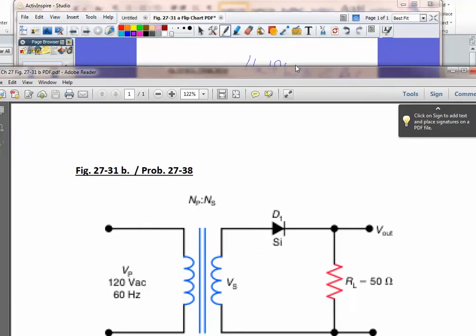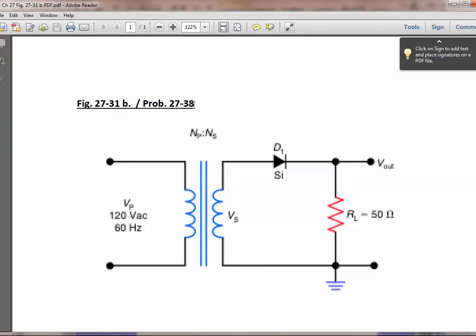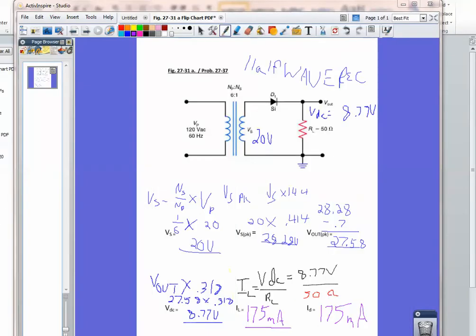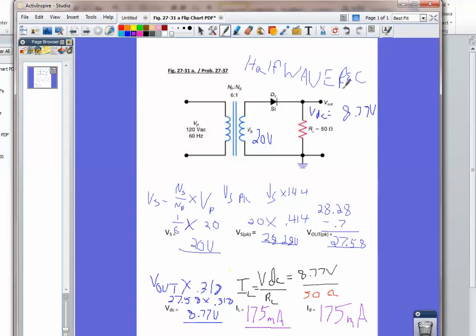We just did 27-37 and they give you problem 27-38. But in problem 27-38, they changed the windings to a ratio of 2.5 to 1. And you recalculate the values. So that would be a practice problem for you to try. All right, so try this, see what you can do with the half wave rectifier.